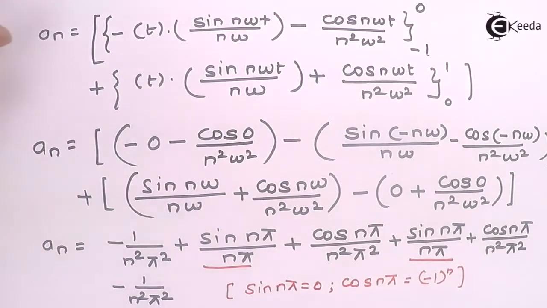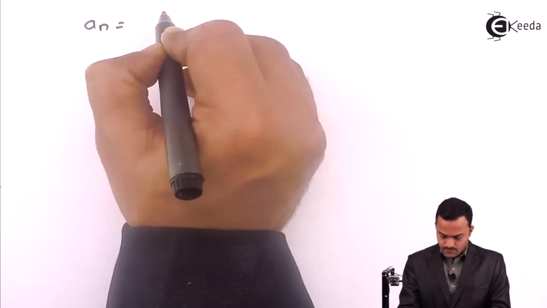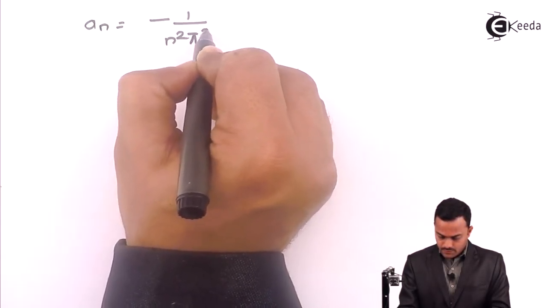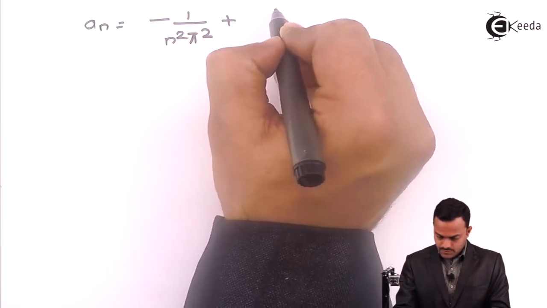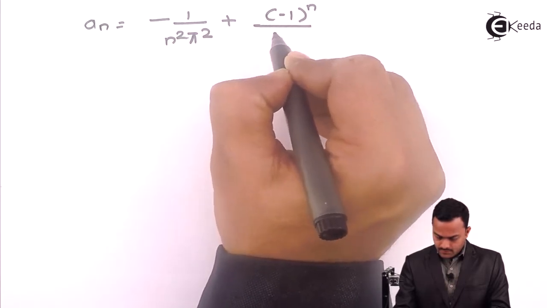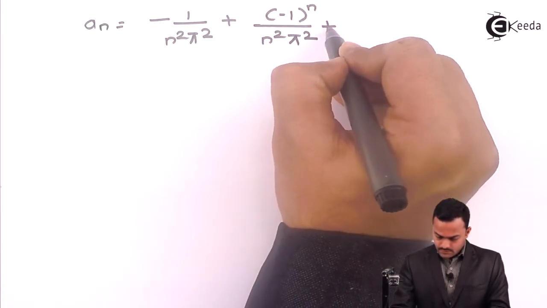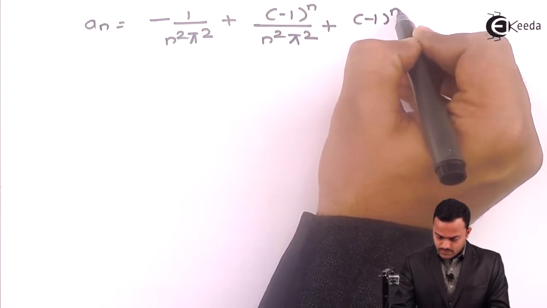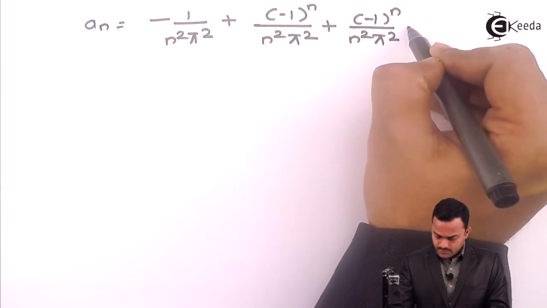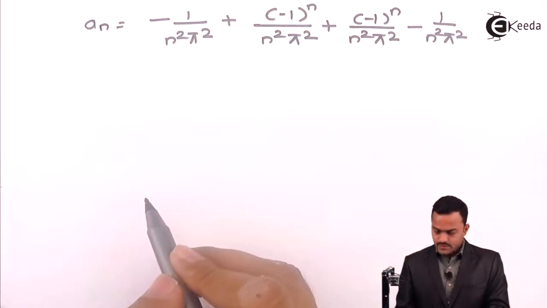So let's simplify. So an will be minus 1 upon n square pi square plus minus 1 raised to n upon n square pi square plus minus 1 raised to n upon n square pi square minus 1 upon n square pi square.